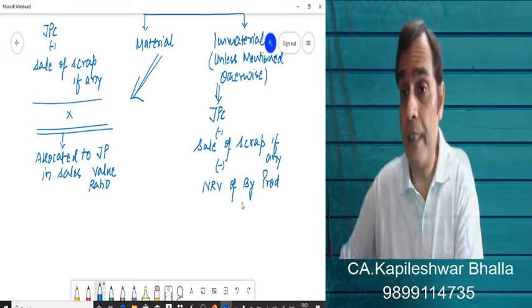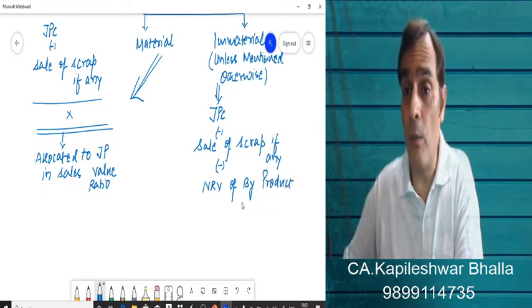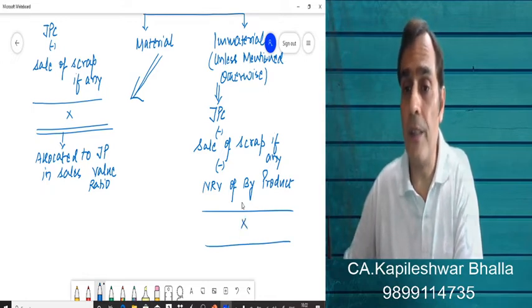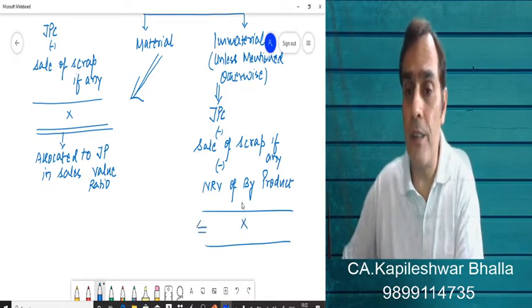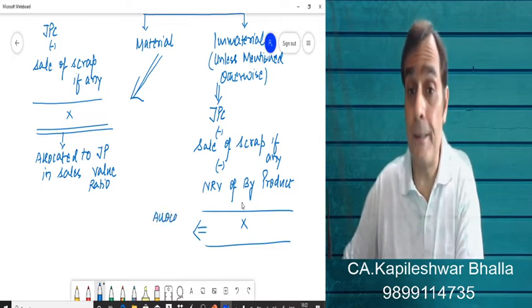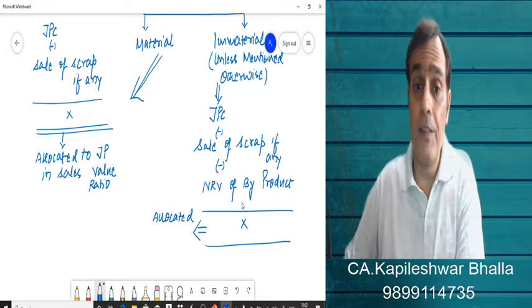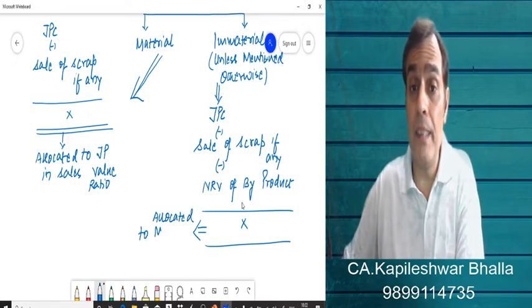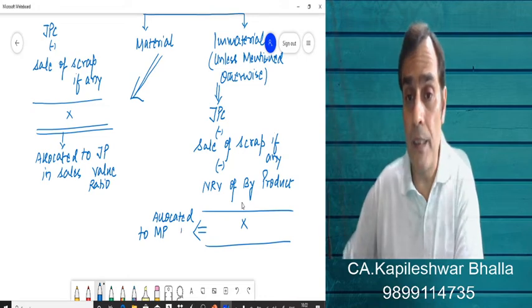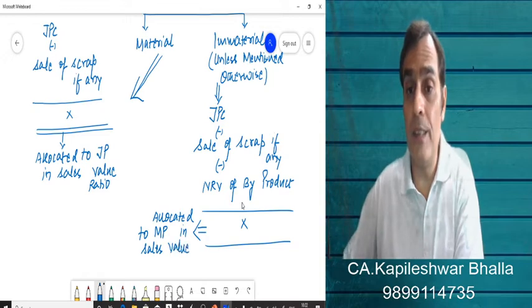So we need to carefully calculate the net realizable value of the byproduct, and we will get this net figure. And this net figure is going to be allocated to main products only. I'm putting it as MP. It is allocated to main product in sales value ratio.